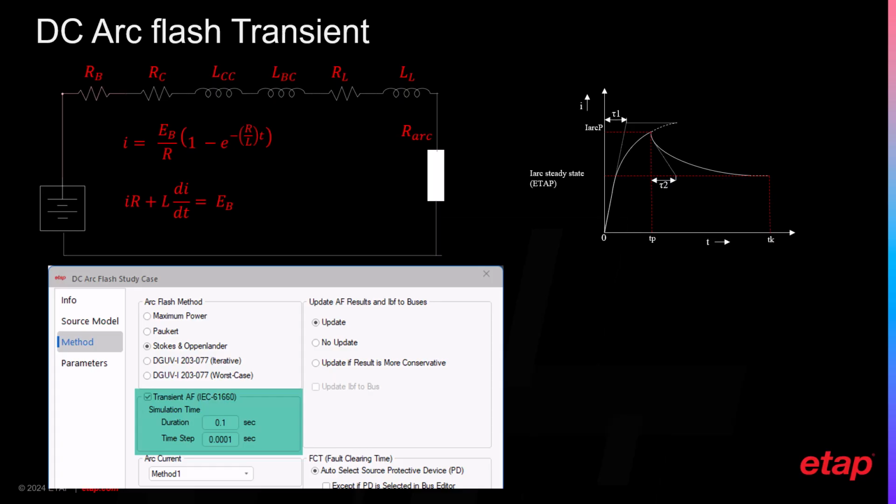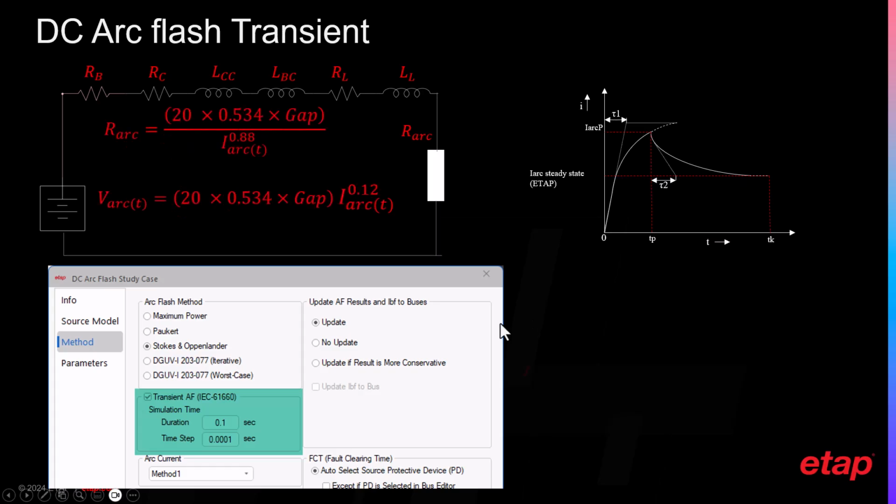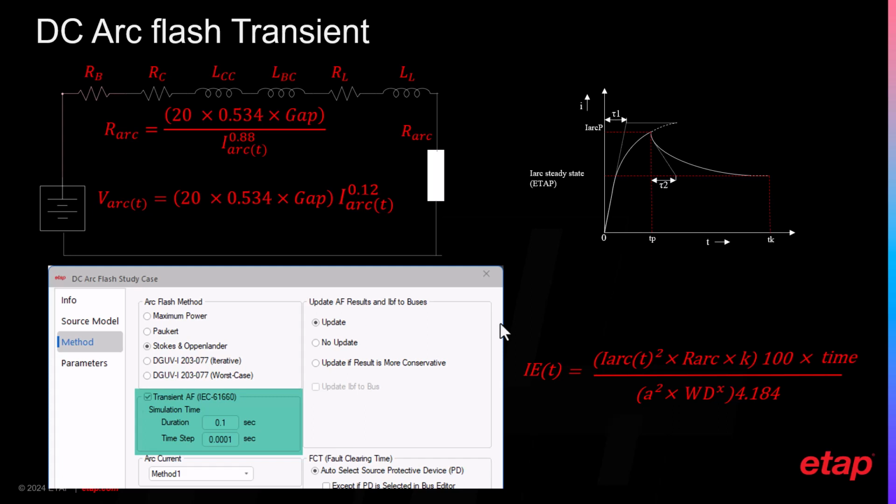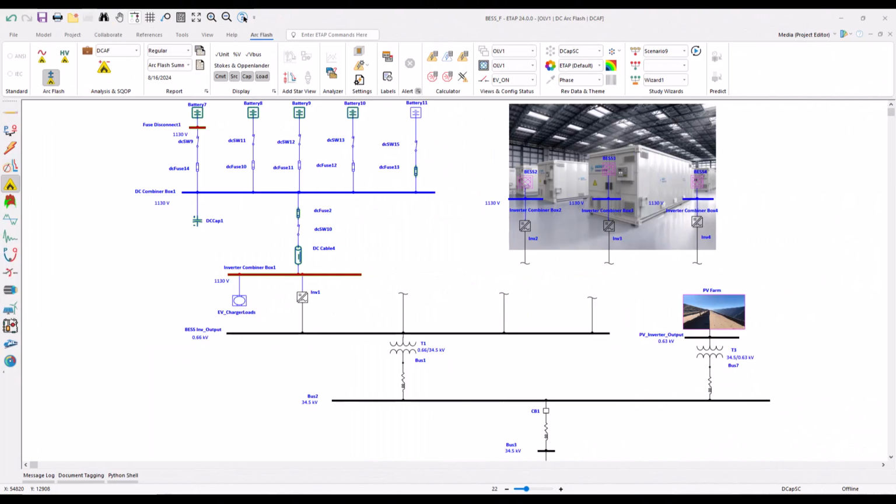Introducing the arc resistance and the voltage across the arc as a function of time can give us the arc voltage and the incident energy in a time current plot using those equations. In this application, I can show the arc flash analysis of two different locations that are of interest. One is the fuse disconnect location and the other one is the inverter combiner box.